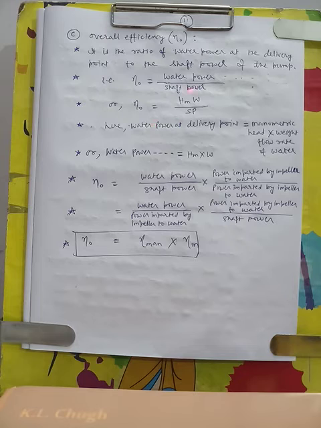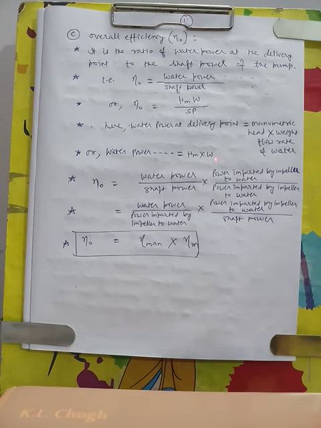The water power will be based on HM, the manometric head. The power required to overcome the manometric head is the water power, HM into the weight flow rate of water, divided by shaft power. So water power at the delivery point will be HM into W.